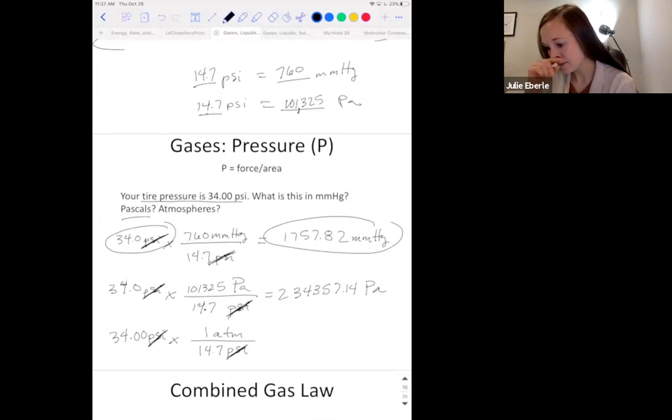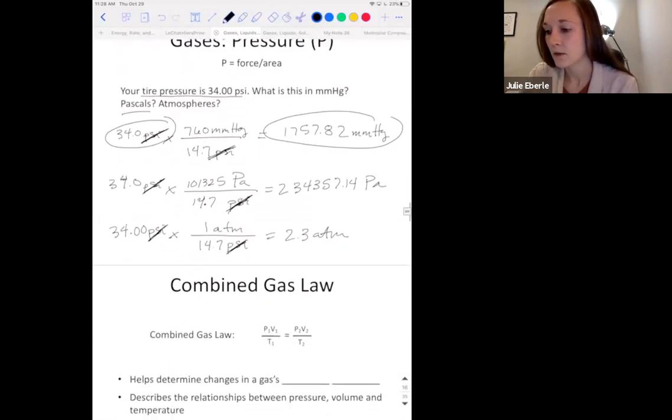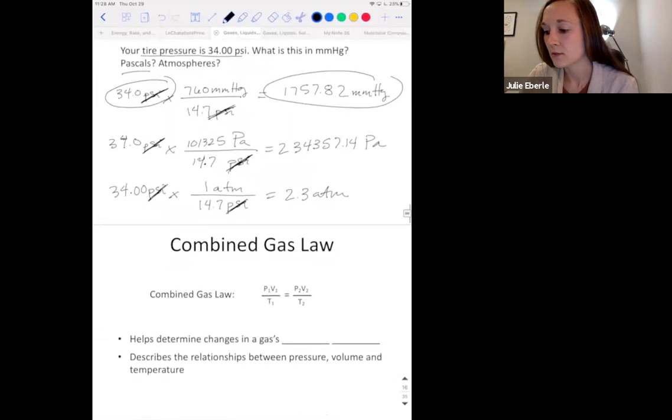PSI cancels. So it'll be right under 2 ATM, or over, okay, 2.3. Okay, easy enough, not too bad. I know it's a lot of units, but usually you're just making sure you got things in the units you need to plug into the gas laws.